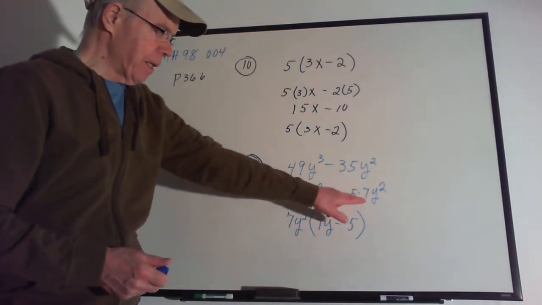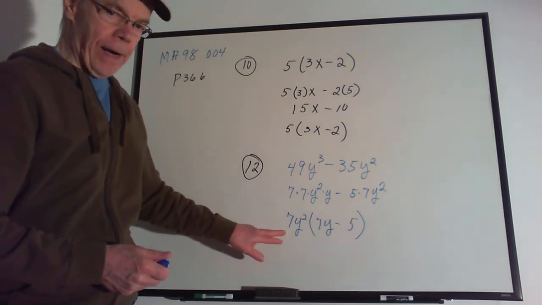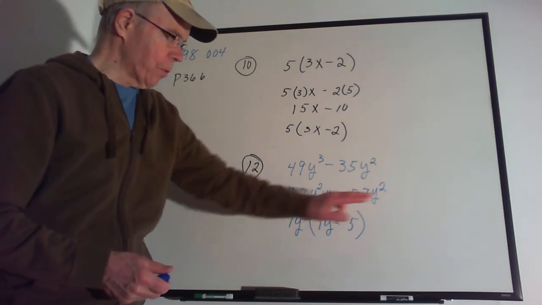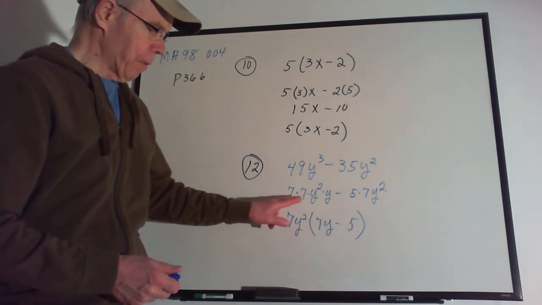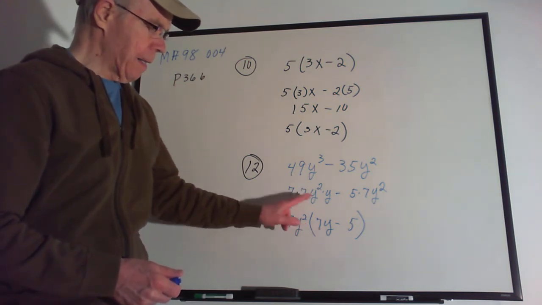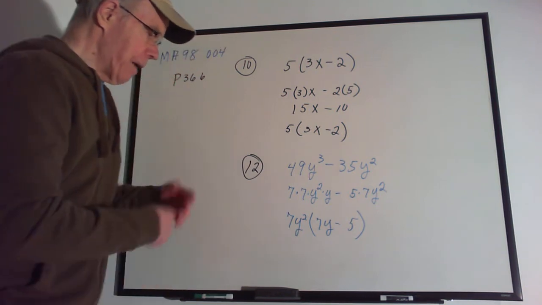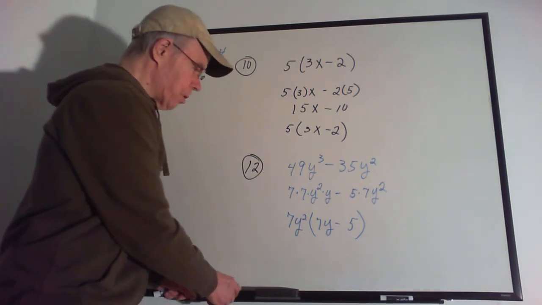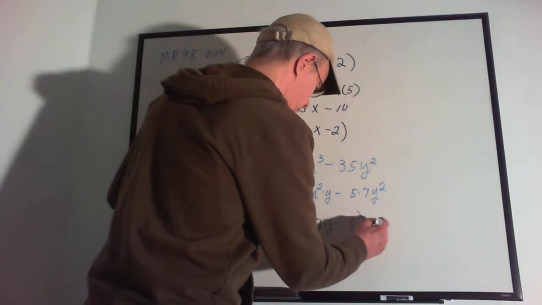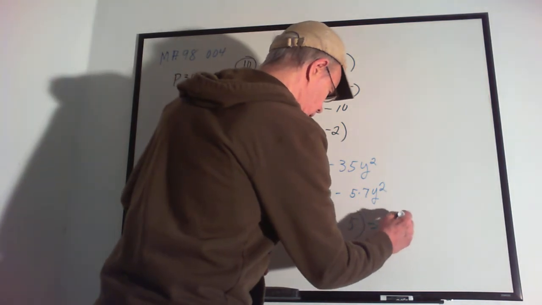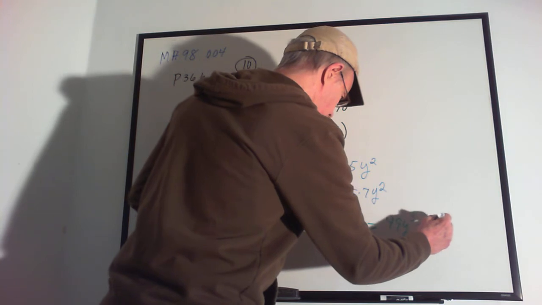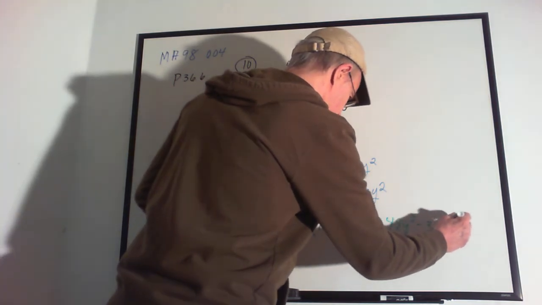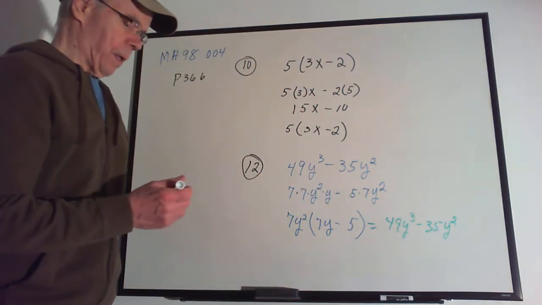Well, I have a 7 and a 7, so that is a common factor. I have a y squared and y squared. So I can take out the 7y squared. I'm left with 7y minus 5. If I multiply it back out, I'm going to get 49y cubed minus 35y squared, which is what I started with.